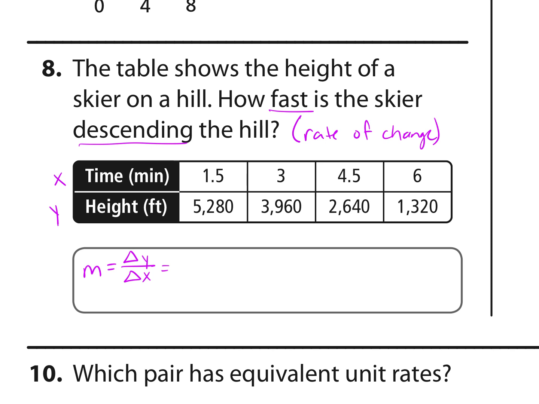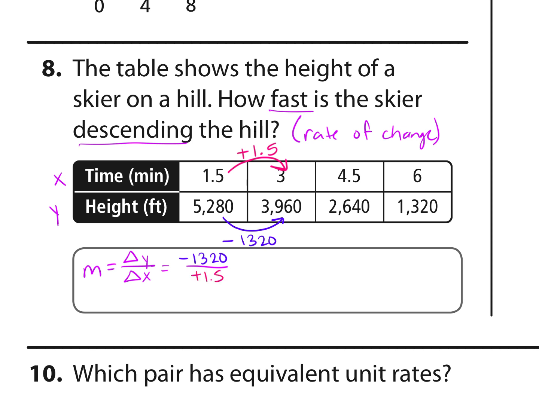I'm going to pick any two ordered pairs. I think I'm going to use the first two ordered pairs, and I'm going to compare the height and say, okay, from 5,280 feet to 3,960 feet, it goes down 1,320 feet. So the change of my y is 1,320. And then looking at the time in minutes, it goes from 1.5 minutes to 3 minutes, so it's an increase of 1.5 minutes.